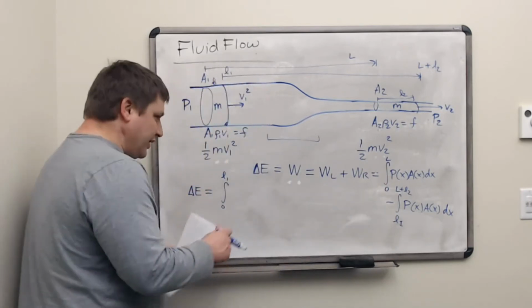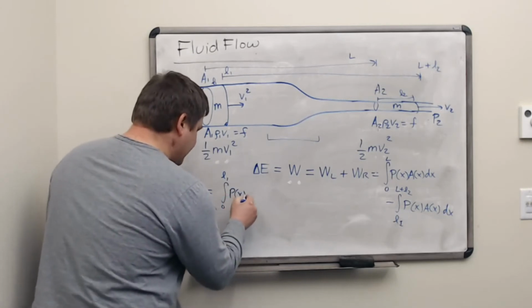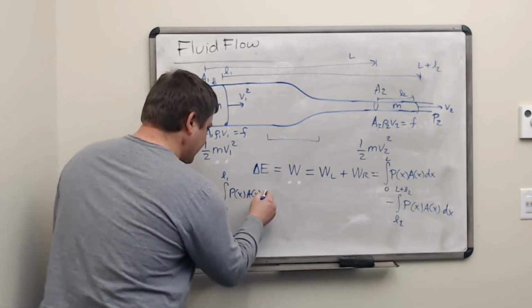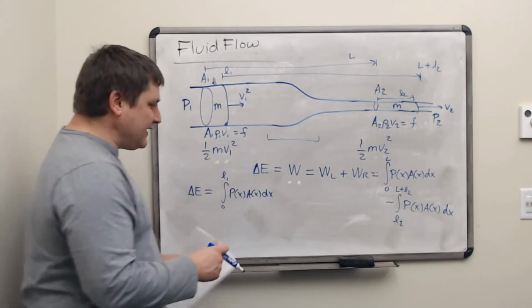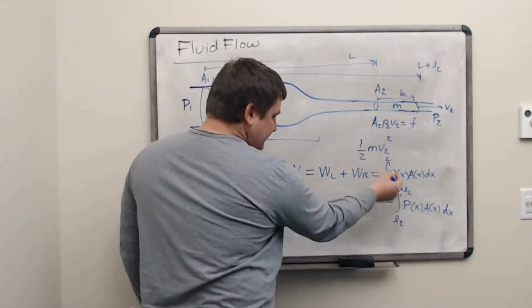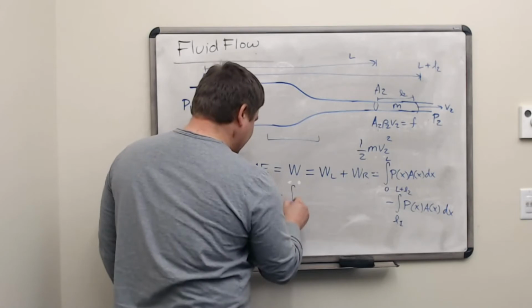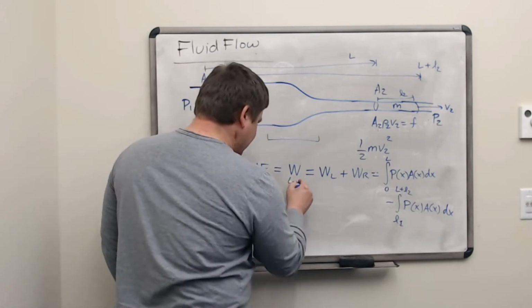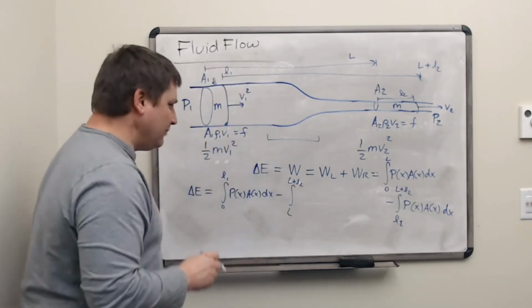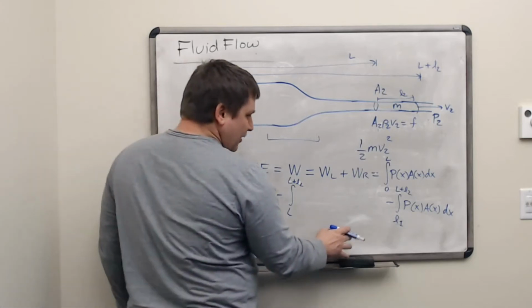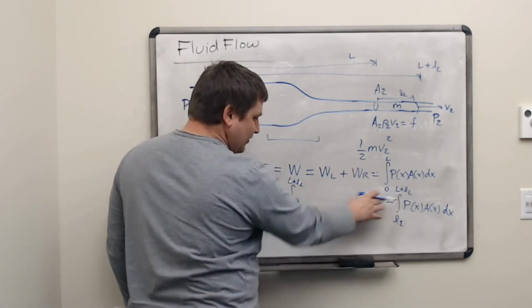So we have 0 to L1 of P times A. And then we have to integrate from L to L plus L2 on the second one. All the rest of this is subtracted off.